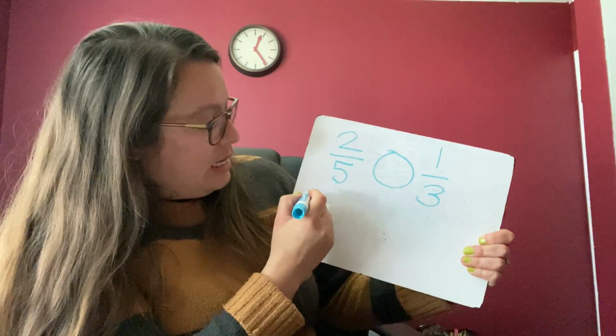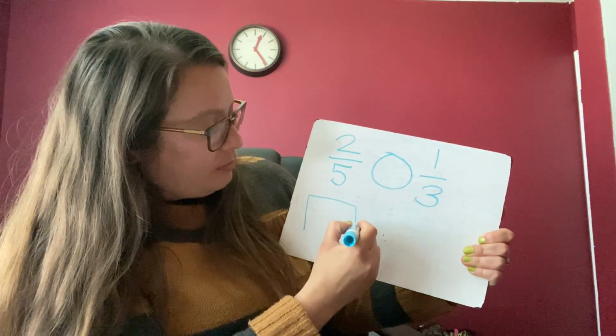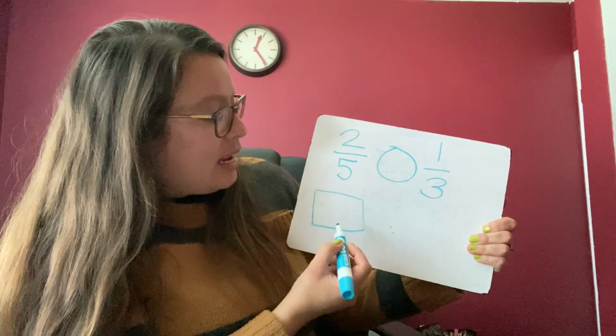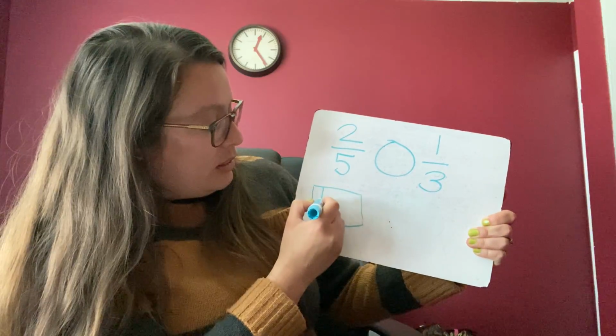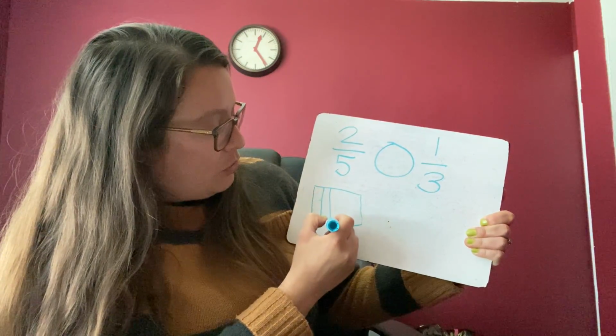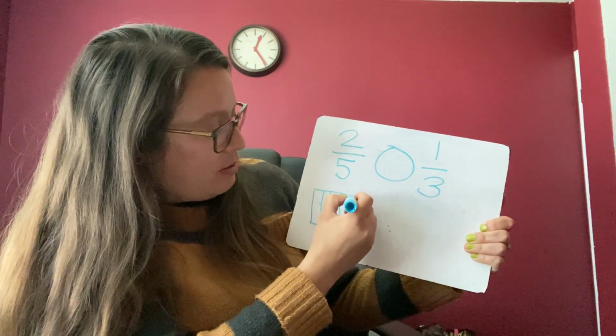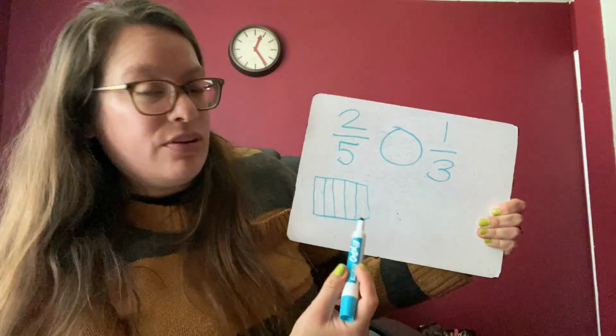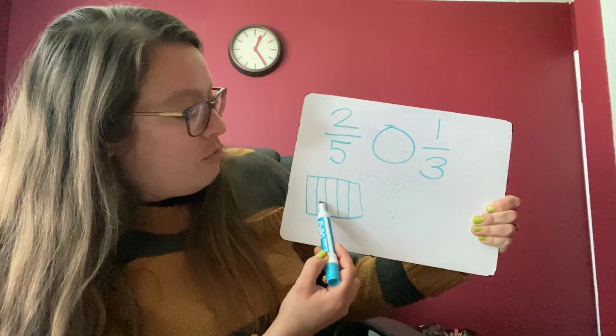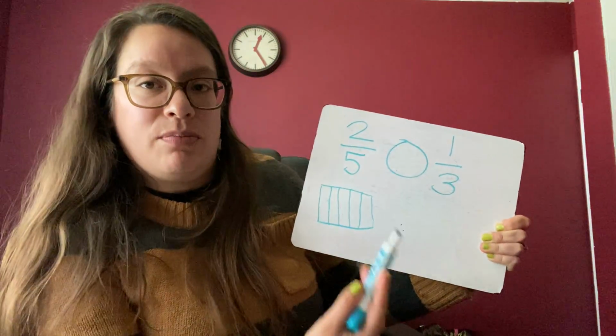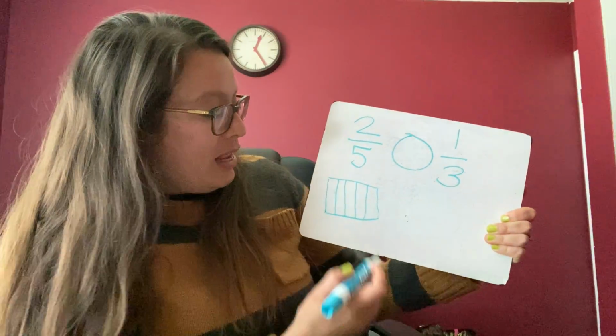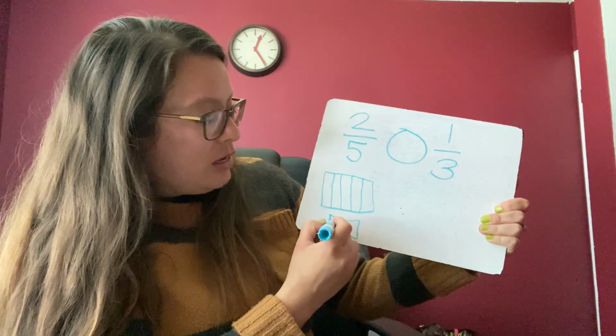So if I did a rectangle here and I needed 5 pieces, it's best to do something like this. Look, 1, 2, 3. Do you see how that's even? 1, 2, 3, 4, 5, and it's 5 even pieces. Okay. You don't want to do something like this.